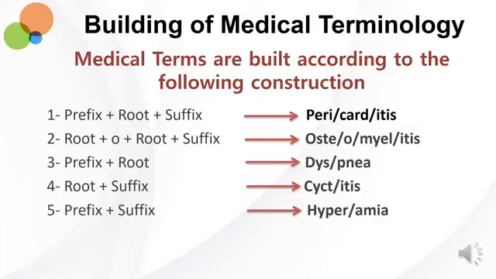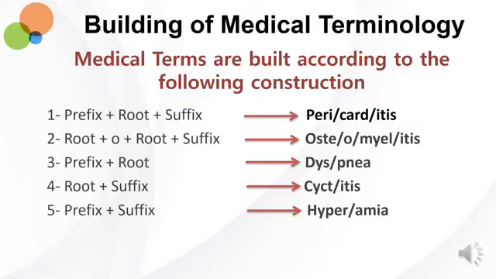The fourth construction is formed of root and suffix. The example I have chosen is cystitis. Itis means inflammation. Cyst means the urinary bladder, the place that collects the urine. So cystitis means inflammation of the urinary bladder.